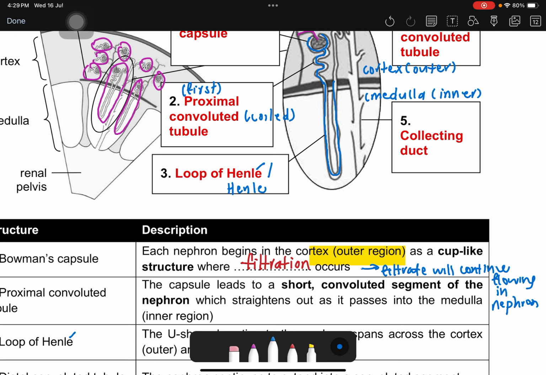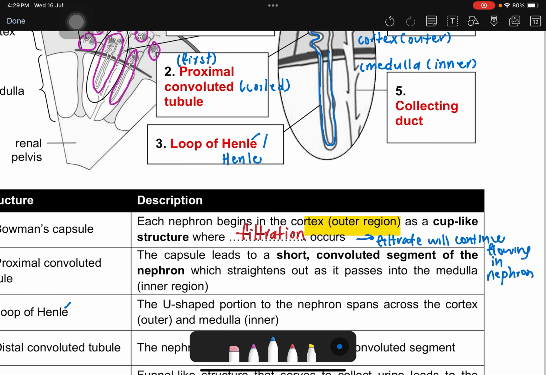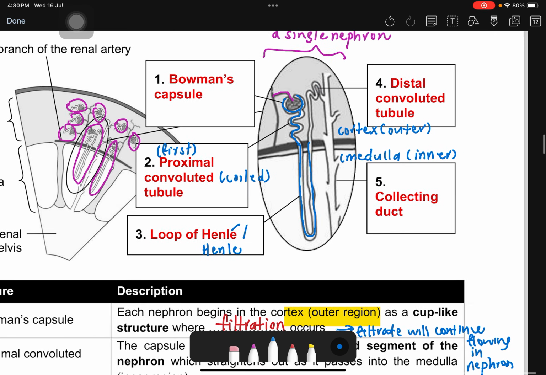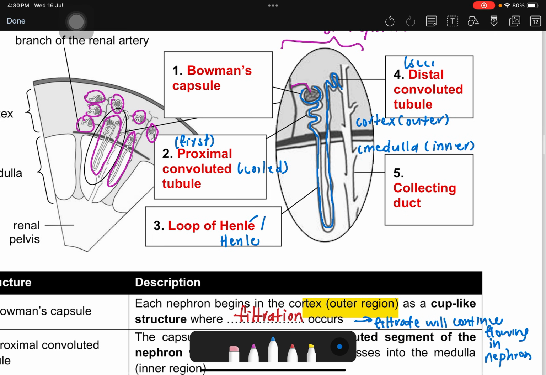So the loop of Henle is actually a U-shaped portion that will span across the cortex as well as the medulla. It will return back into the cortex, and then finally it will enter a distal convoluted tubule, sometimes known as the second convoluted tubule in the nephron, which will continue to channel the filtrate towards the collecting duct.